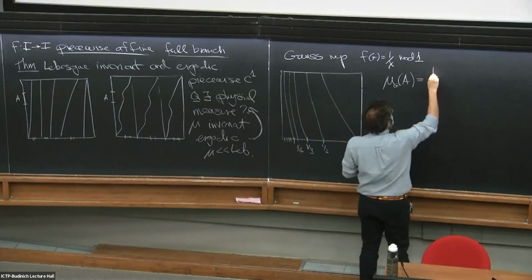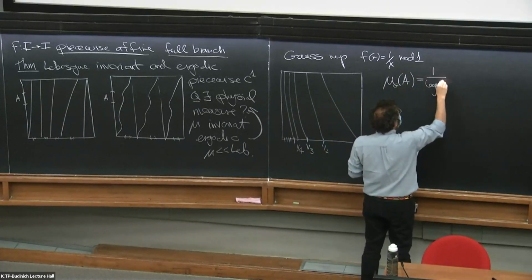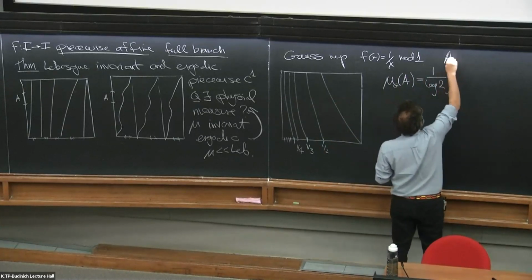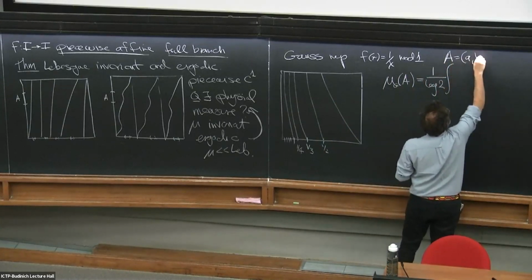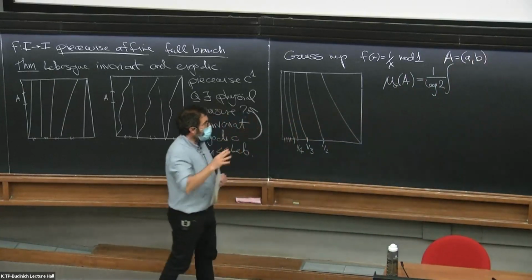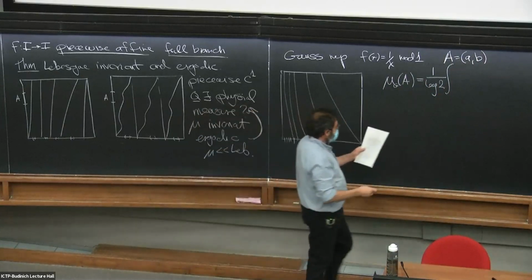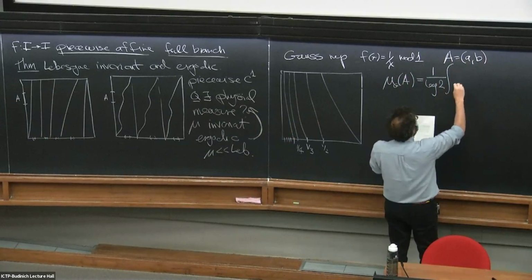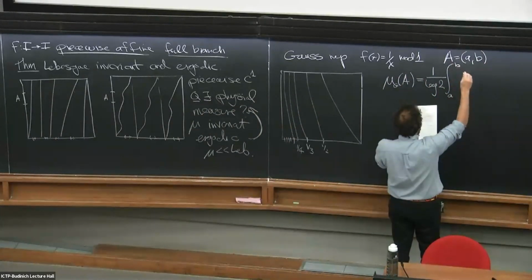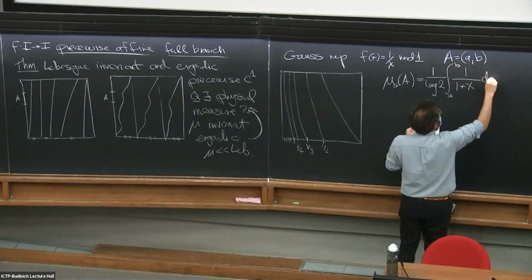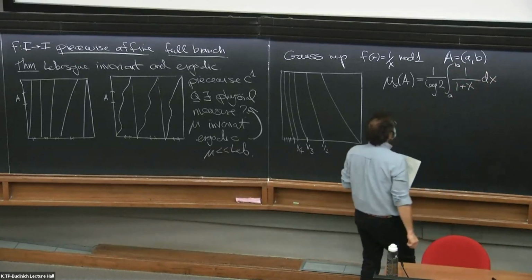is equal to 1/log2. So if A is an interval, it's sufficient, remember, with measures to define a measure on an interval, and then it automatically extends uniquely to all the Borel measurable sets. So we define it as this, 1 + 1/x dx.